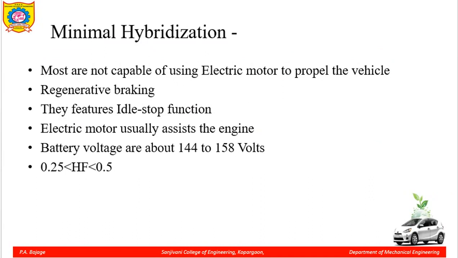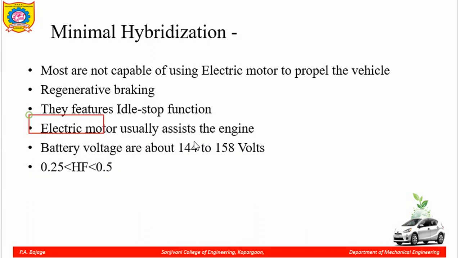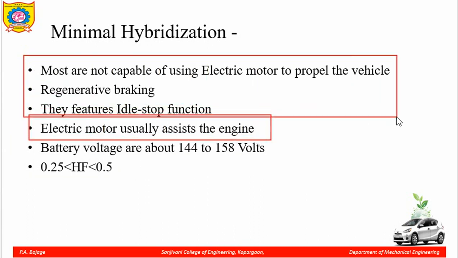In minimal hybrid, you can see 0.25 to 5% hybridization factor. The batteries are slightly weaker, 144 to 158 volts, with electric motor assist and IC engine, and regenerative braking is also available.